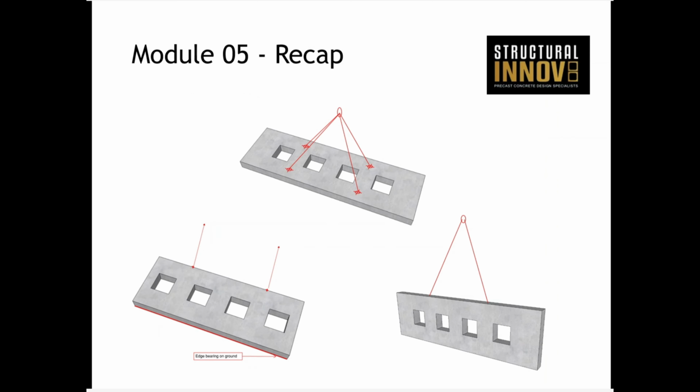Last week, we did a detailed worked example from start to finish for a particular unit. It was a wall panel with openings in it. It had to be demolded on the flat, tilted up and, on site, installed vertically. So we had a number of different iterations to go through. First time we went through it, the lifters didn't work.